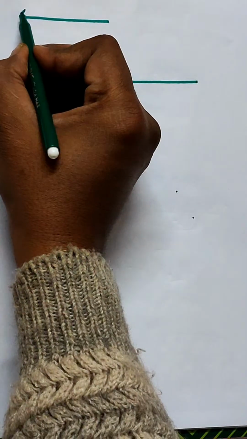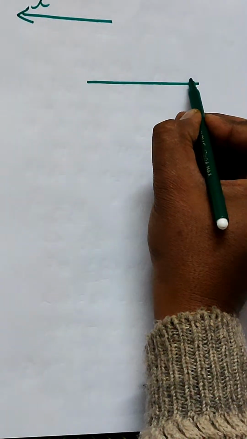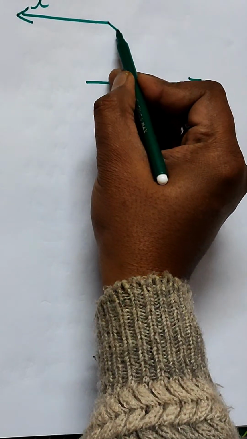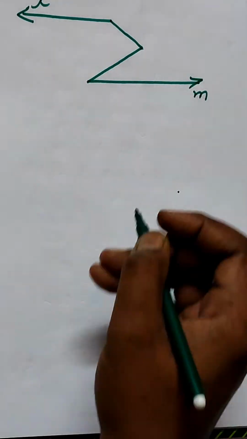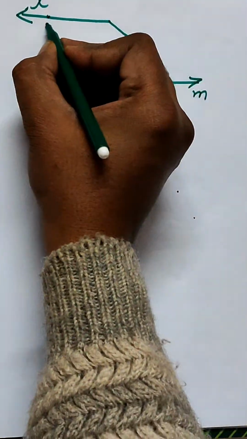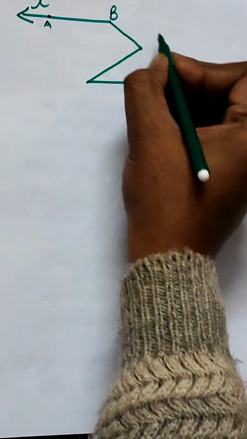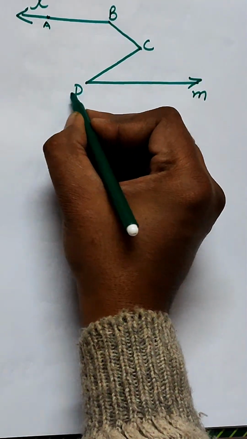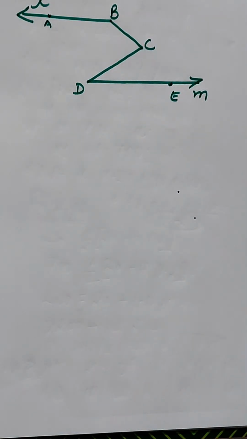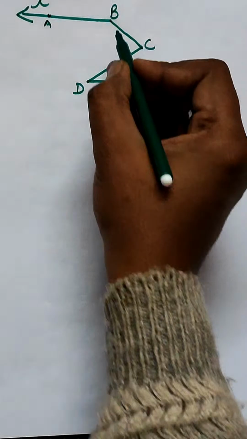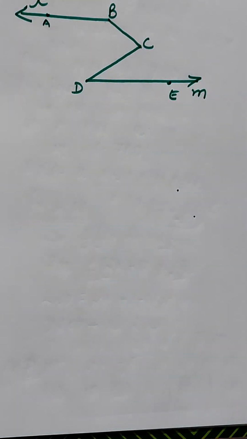Now, let's say this is L and this is M, and these are connected like this. Let's say this is A, then this is B, this is C, this is D, and this is the point E. Let me change the color of the pen so that it will be easy to understand.